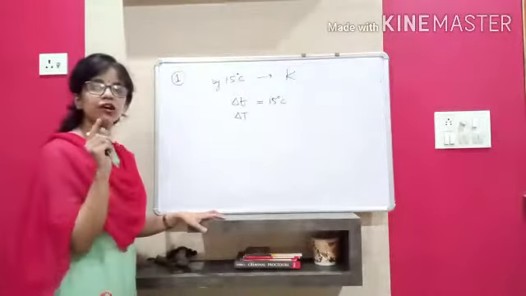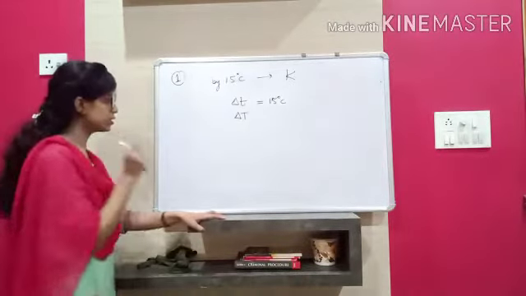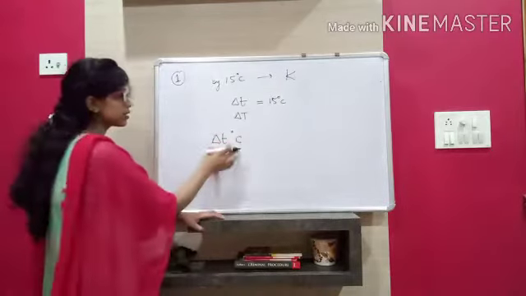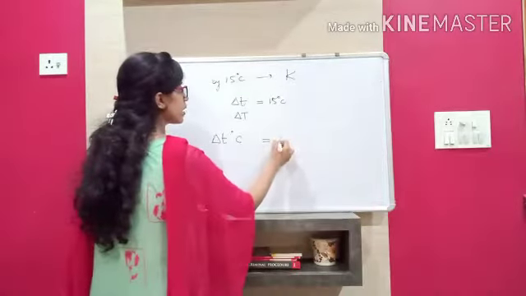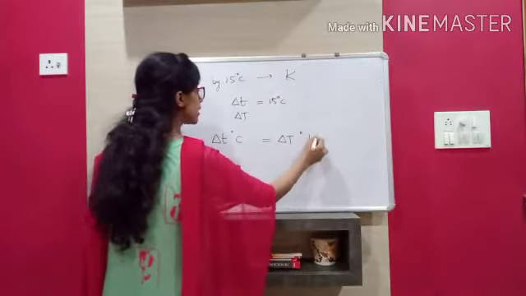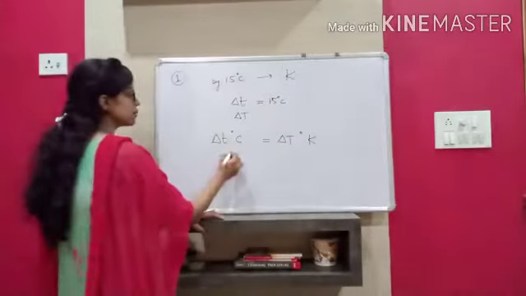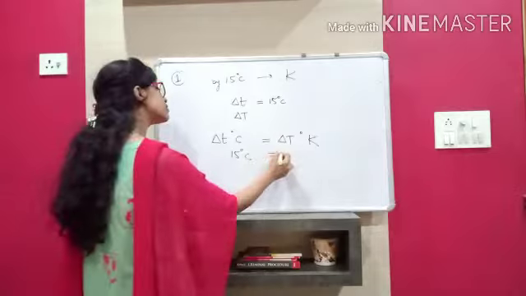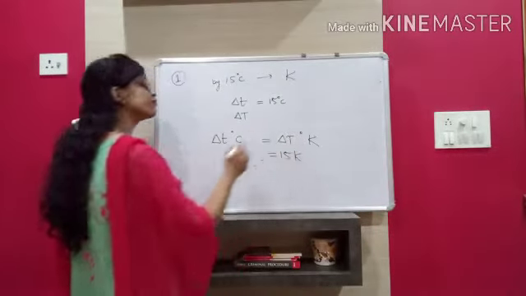I think on page number 262 you can see that the change in temperature on the Celsius scale is the same as the change in temperature in Kelvin scale. So if the temperature change is 15 degrees Celsius, it will be the same in Kelvin scale as well, 15.